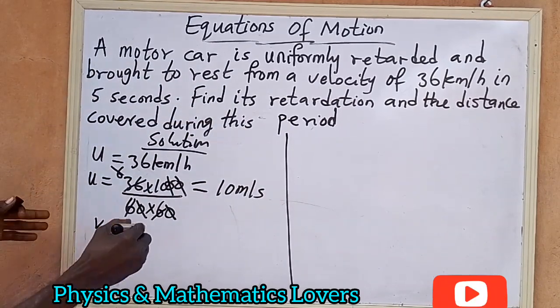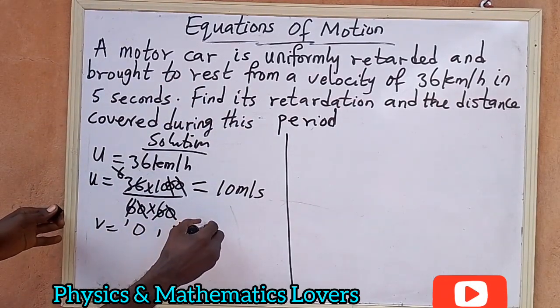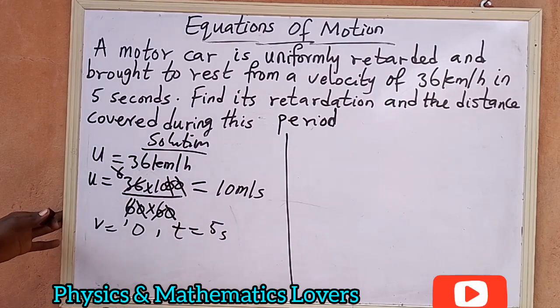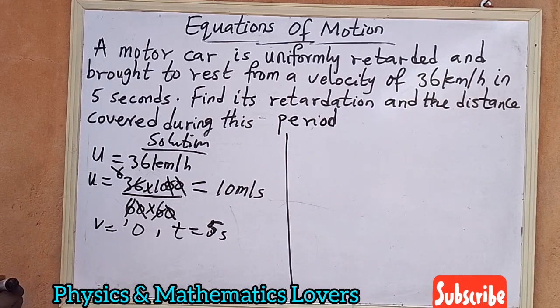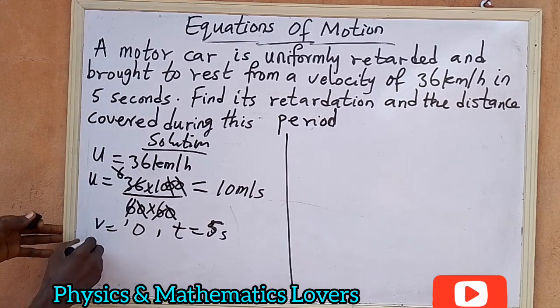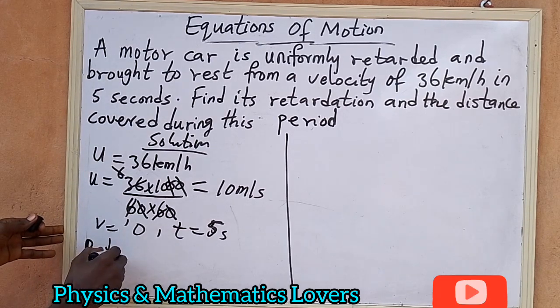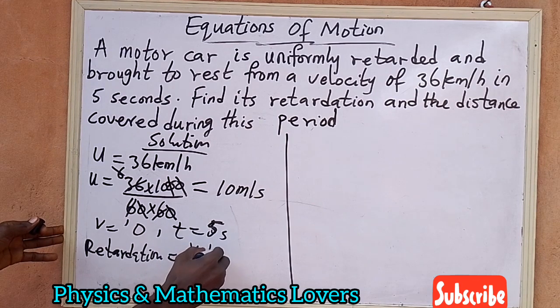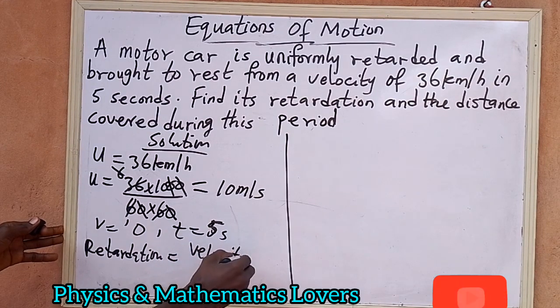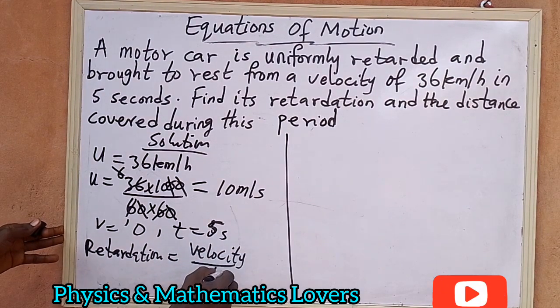Now the question asks us, find its retardation and the distance covered during this period. Now we have our time t. Time is equal to 5 seconds. Then what's our retardation? Retardation is the opposite of acceleration, meaning the negative part of it. Our retardation is equal to change in velocity all over time.